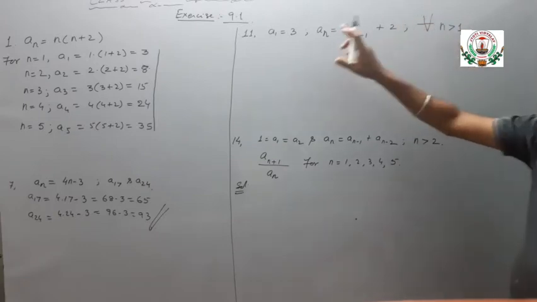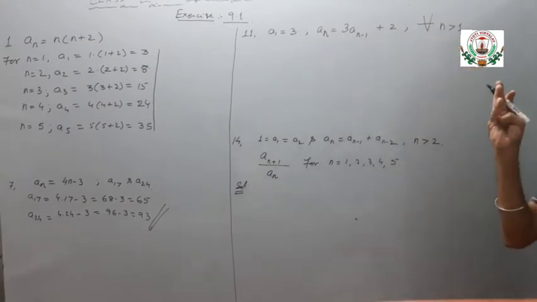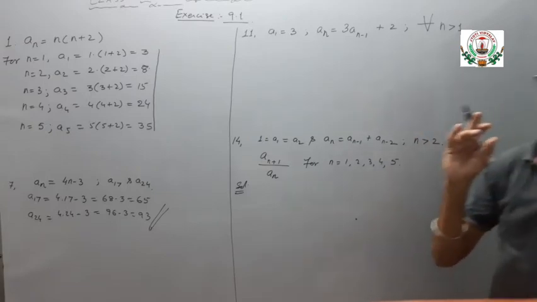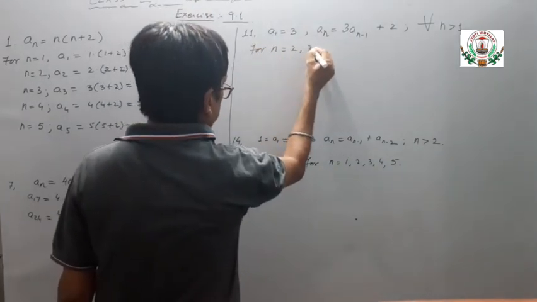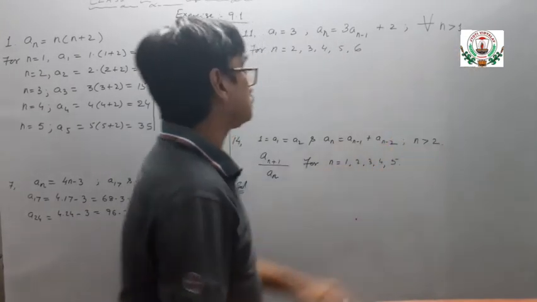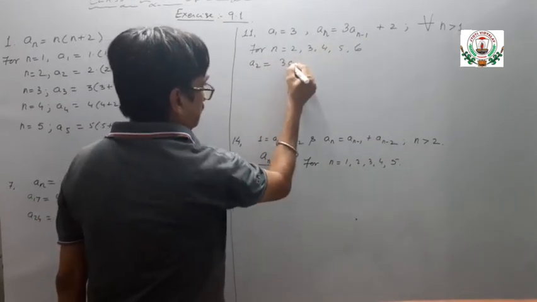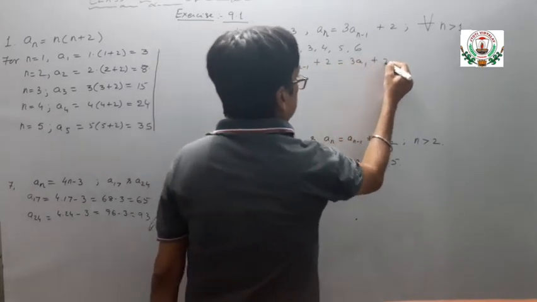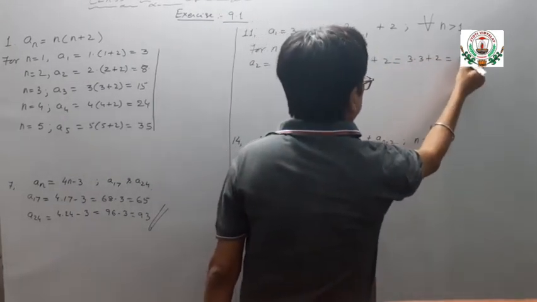So n equal to 1 यहाँ नहीं लेना है, हमें greater than 1 और first 5 terms निकालना है. मतलब second term, third term, fourth term, fifth term, sixth term, मतलब n equal to 2, 3, 4, 5, 6. क्योंकि यहाँ condition दिया है कि n is greater than 1. So first we are going to calculate a2. यहाँ पे substitute करेंगे n की value 2, 3a_(2 minus 1) plus 2, 3a1 plus 2 और फर्स्ट टर्म हमारे पास दिया हुआ है 3, that is 3 into 3 plus 2, that is 11.